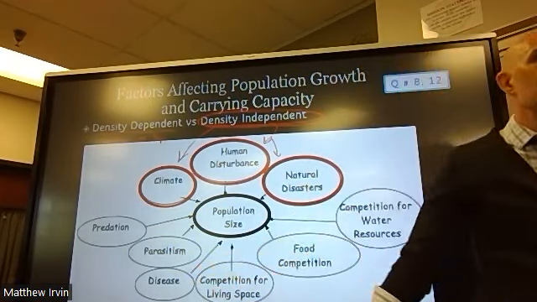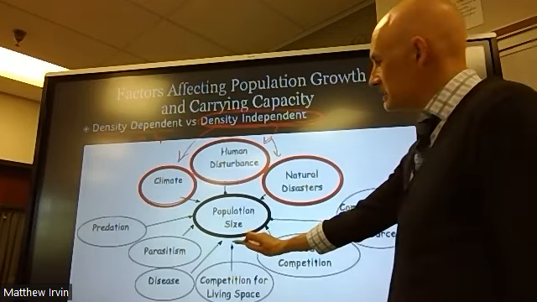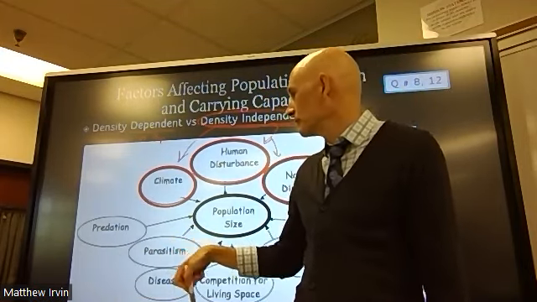Disease is going to spread faster and be at a higher rate when the population is high versus when it's low. So again, back to our days of COVID, spread out. Why? That lowers the population density. And then remember that parasitism is basically just another form of disease, just the organisms are larger.